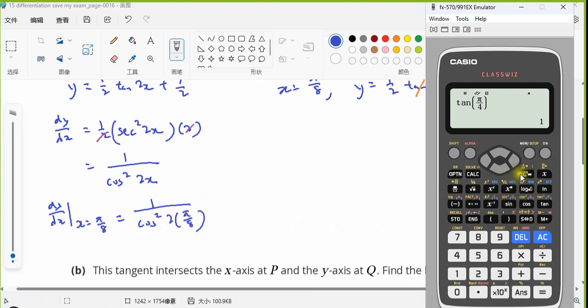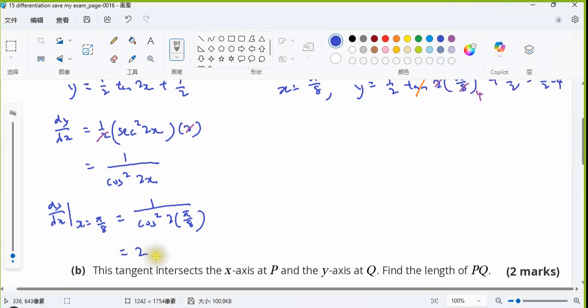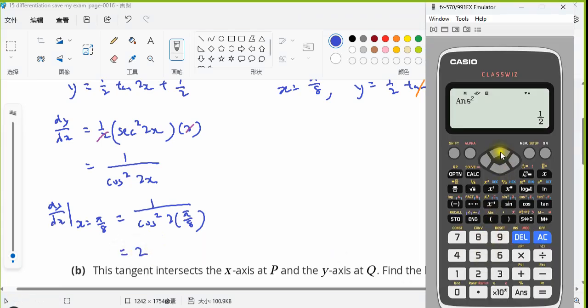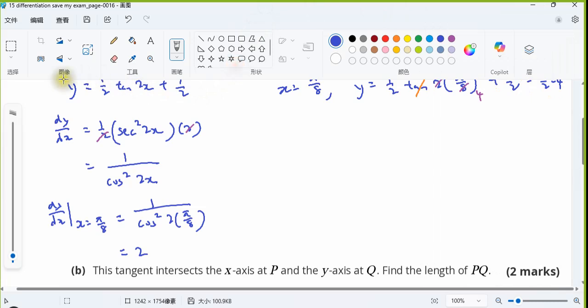So we have cos pi over 4 is this, and then we square it, and then 1 over that, then we will have 2 here. This is equal to 2. All right.